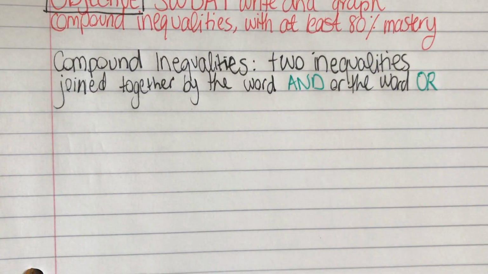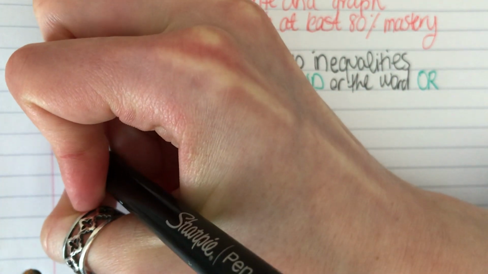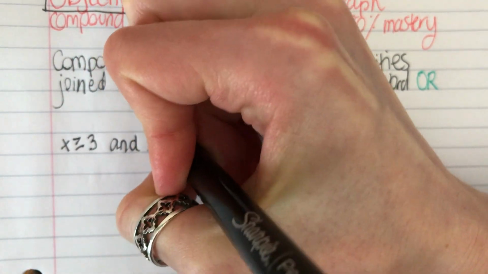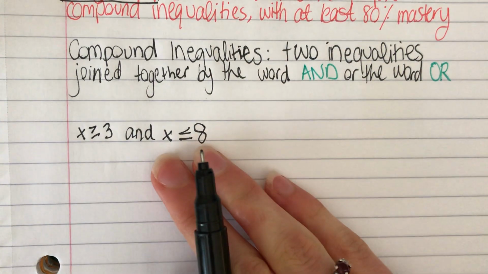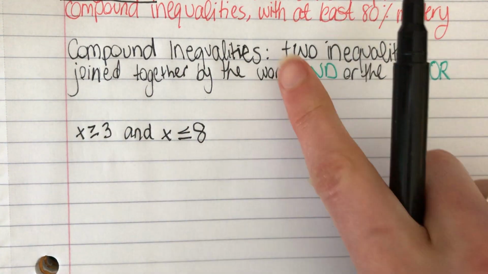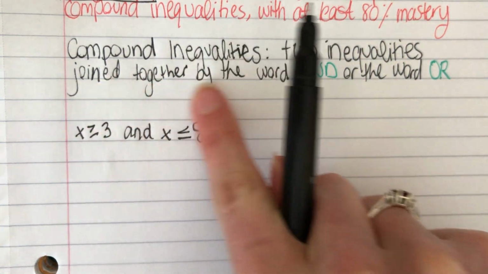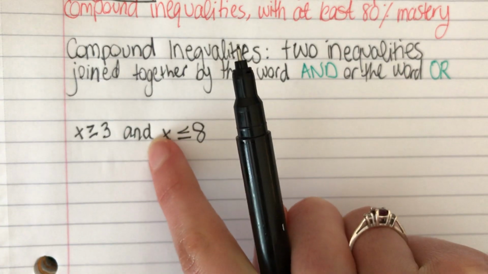The first example would be if you see something like this. This right here is a compound inequality. We know this because let's look at the definition. It says we need two inequalities. Well, here's one and here's one. They're joined together by the word, and we need to see either an and or an or in between them. There's an and, okay?